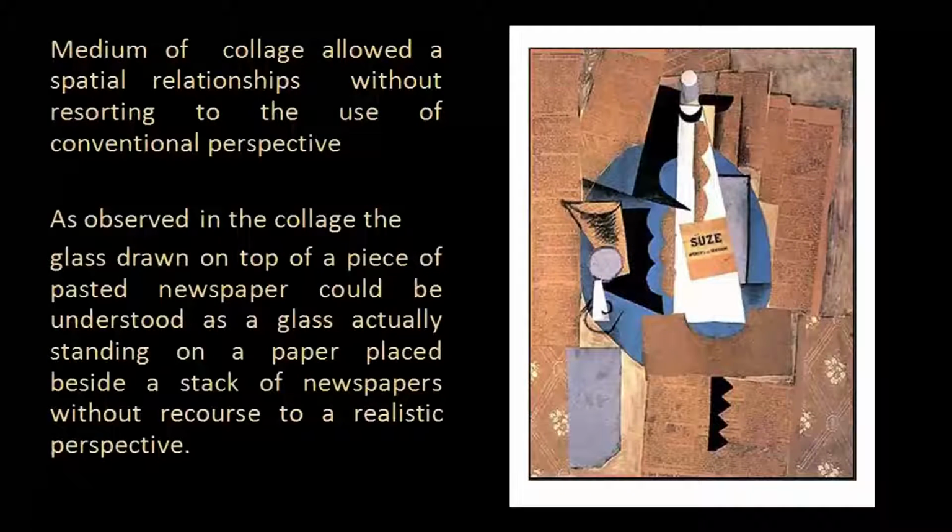So now we shall look at a few examples from this second phase of Cubism called synthetic Cubism. The medium of collage certainly allowed spatial relationships without resorting to the use of conventional perspective. The medium of collage also allowed the artists to use most non-conventional and surprising visual elements, like a piece of newspaper or a magazine cutting or an object pasted on the canvas.